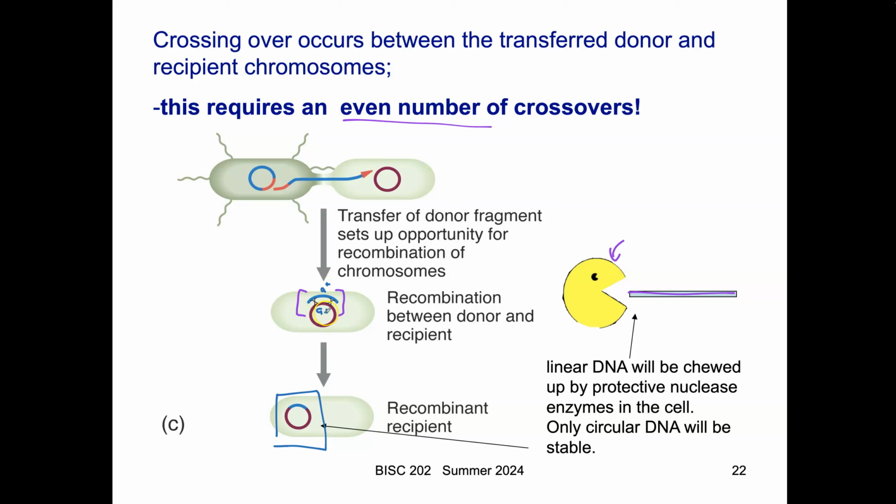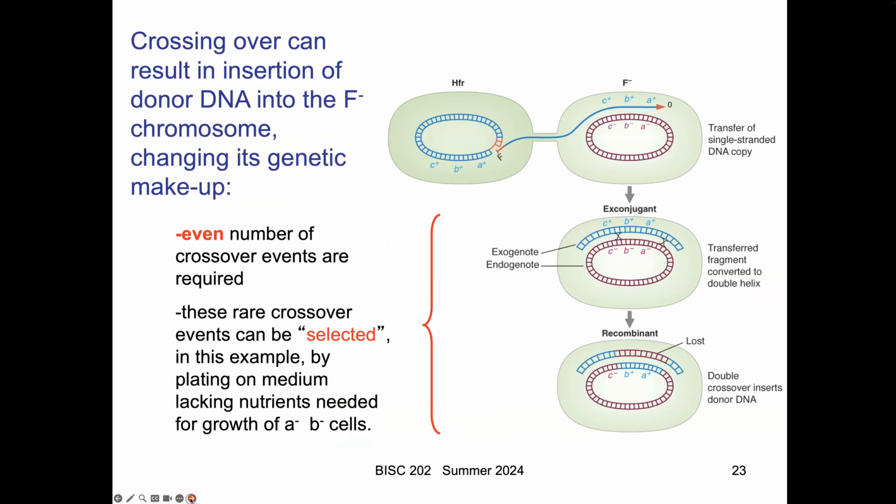But if this was actually A minus, so unable to make its own whatever A is, and this was A plus, then we would see a change in genotype. And one of the most important aspects really of experimental design with bacteria is the way you design the genotypes of your crosses.